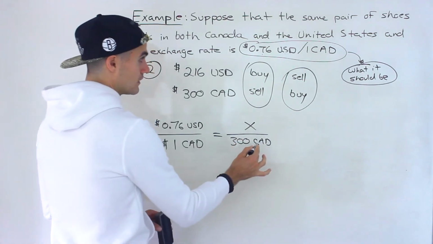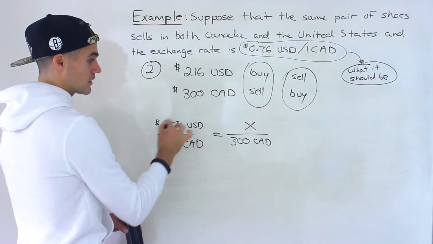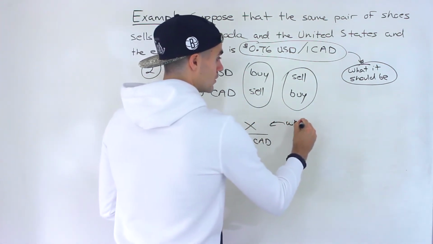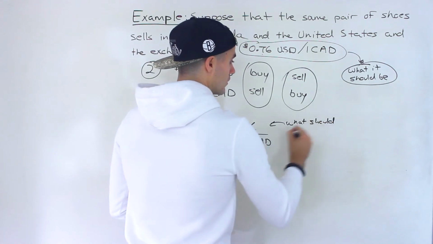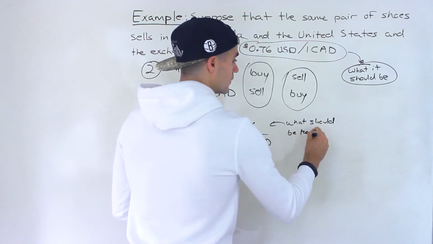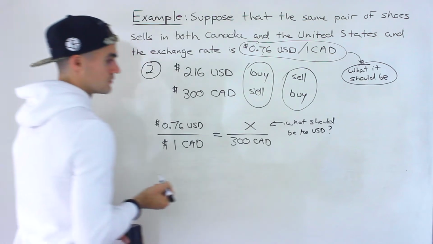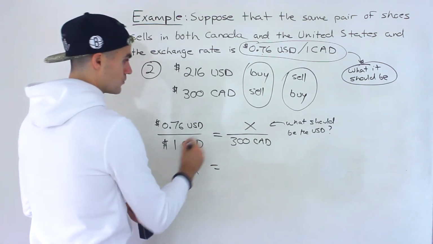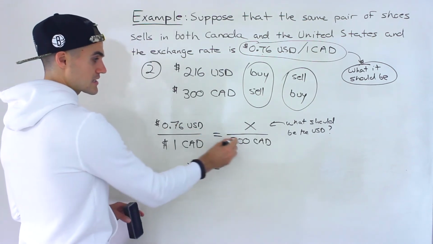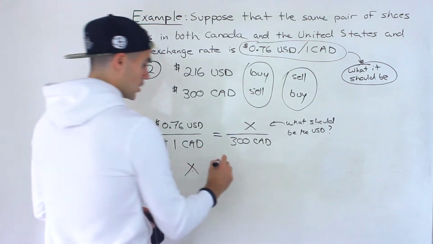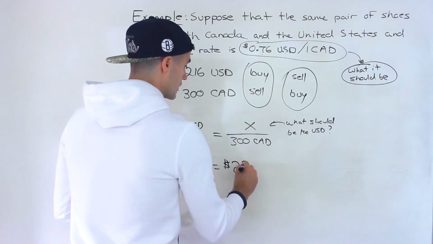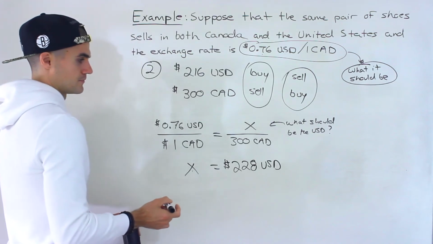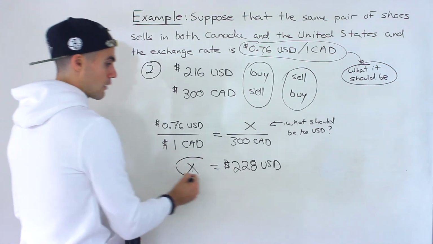If we have 300 CAD, this is the exchange rate, the market exchange rate. What should be the USD value of the shoes. And so applying that same methodology, 1 times x is x, 0.76 times 300 would give us 228 USD.